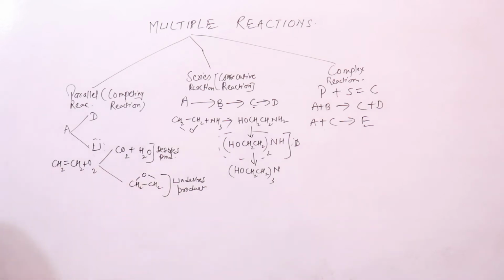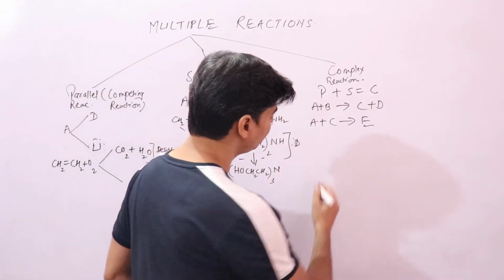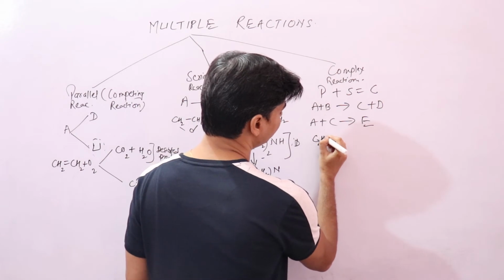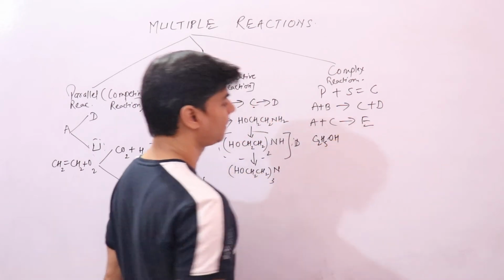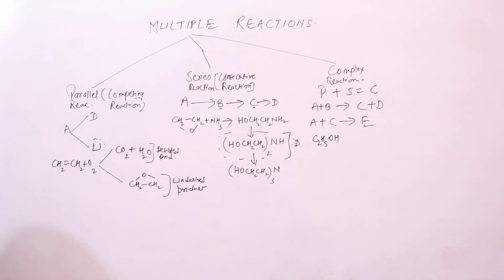Let's take an example of an industrial reaction. The example is the formation of butadiene from ethanol, C2H5OH, right? This is your ethanol.